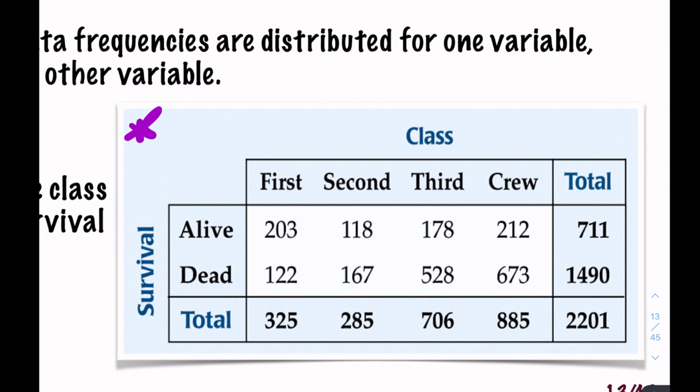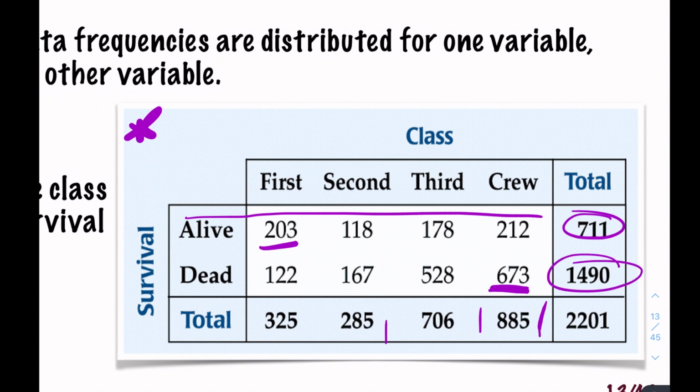Again, if we were in class, I would ask, what do you notice about people in first class versus second class versus third class versus the crew? Who lived and who died? Also note that if we go all the way across, we have the frequency of the number of passengers that lived and the number of passengers that died, or our row totals.